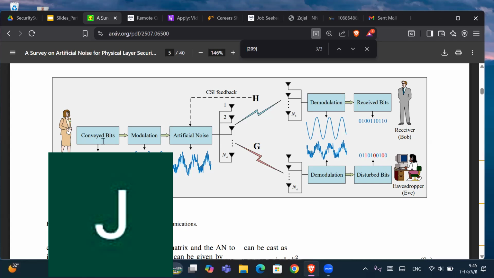These bits are then modulated using any type of modulation based on the requirements of the system, using BPSK, QPSK, phase shift keying, or whatever, with different modulation order. The basic technique here is to add some artificial noise on top of the signal in such a way that this noise can be completely removed at the legitimate receiver Bob, but it cannot be removed at Eve. Eve will get the data affected by noise, and therefore there will be some errors in the received data bits. So how does this happen mathematically?